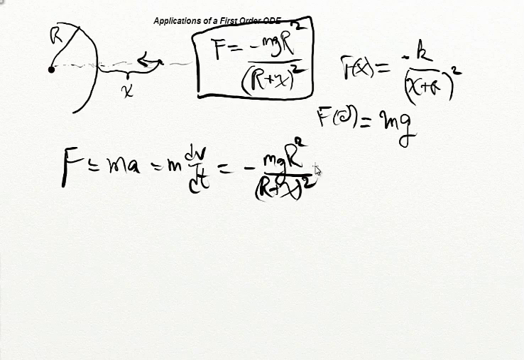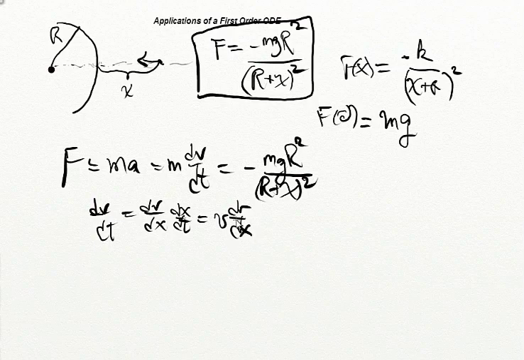The problem is we have an x on the right-hand side and v is differentiated with respect to t. So we have to make a change of variable and apply the chain rule, namely that dv/dt is dv/dx times dx/dt. But dx/dt, of course, is just v, so this is v dv/dx.